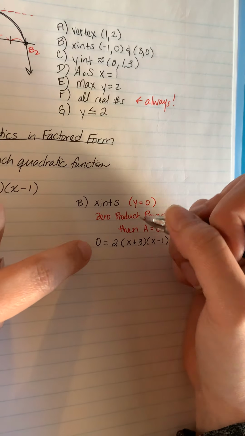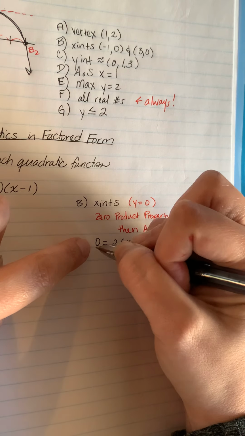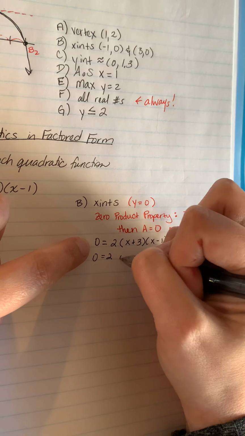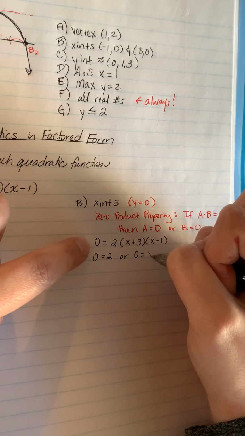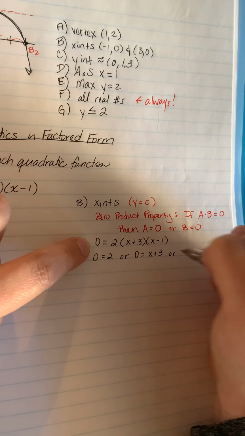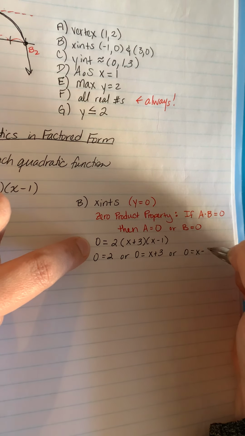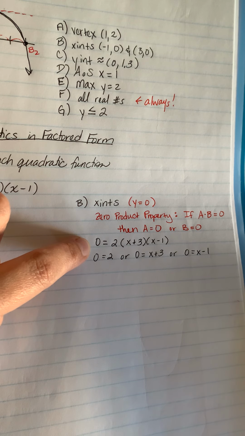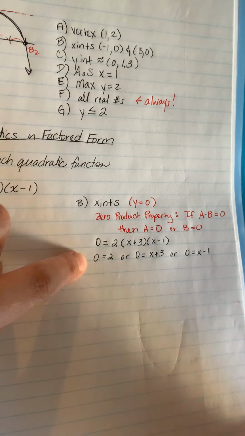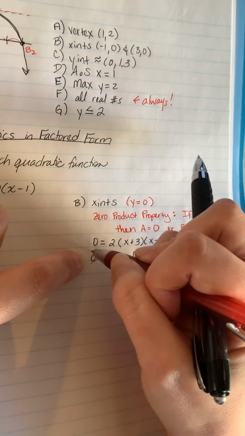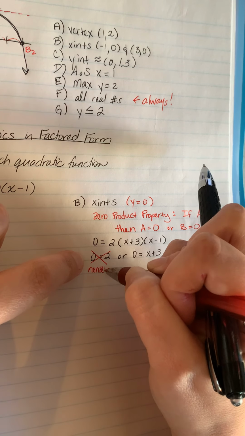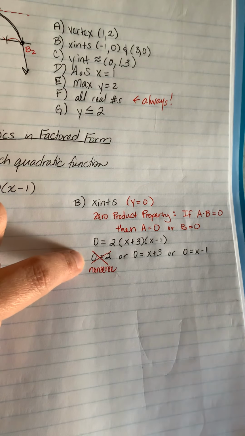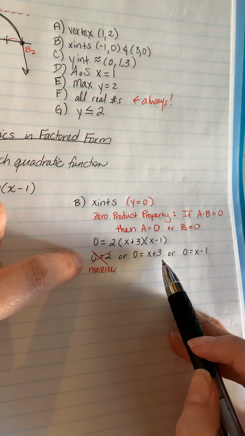So then we know by the zero product property that 0 equals 2, or 0 equals x plus 3, or 0 equals x minus 1. All right, but that is nonsense right here. So you can skip that if you just have a number equals 0. That's silly. And we just go straight to this.